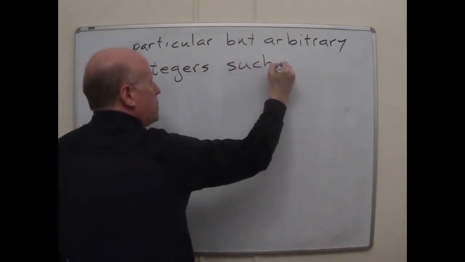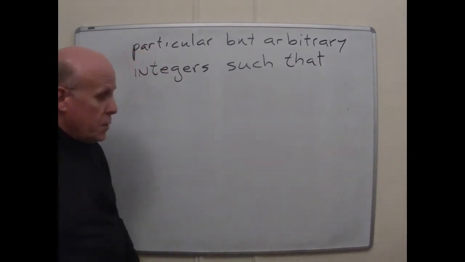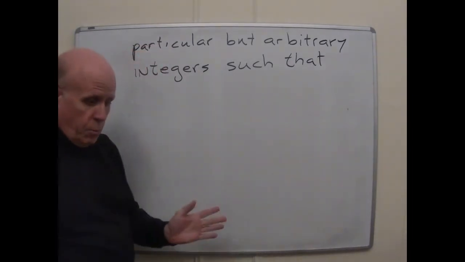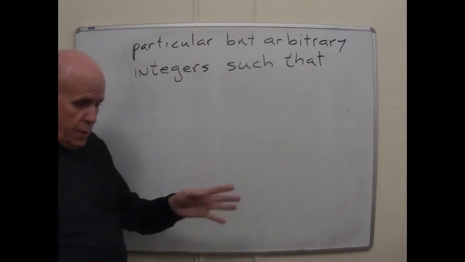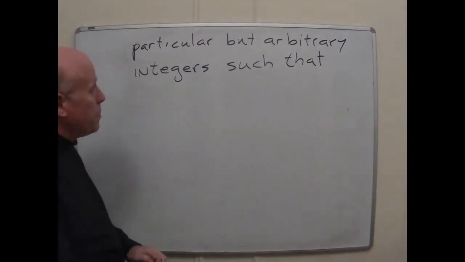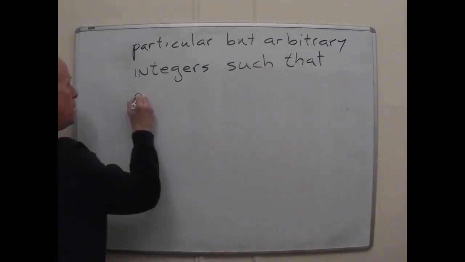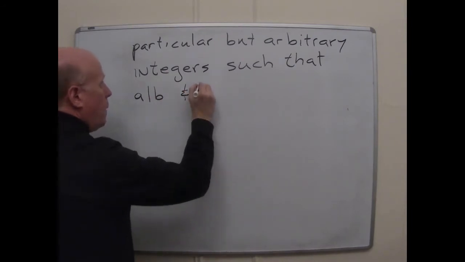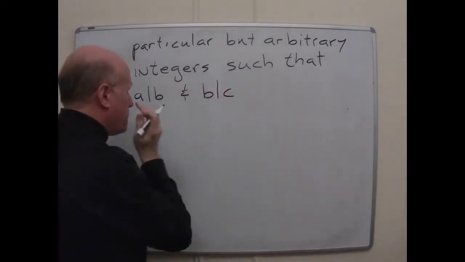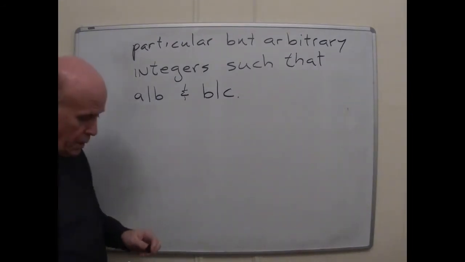Well, what comes after the words such that? We had a universal conditional sentence there. We're trying to prove an if-then, and the if part was A divides B and B divides C. So that's the part that you get to write down after the words such that: A divides B and B divides C. Right, so there's your first sentence.